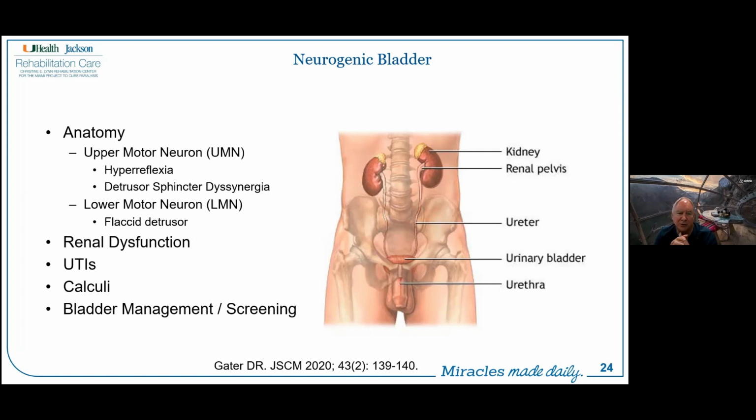We need to be on the lookout, not so much acutely, but chronically, for issues of renal dysfunction associated with the detrusor sphincter dyssynergia in particular. Folks with spinal cord injury who are not managing their bladders appropriately are going to be especially high risk for urinary tract infections, and bladder as well as renal calculi.